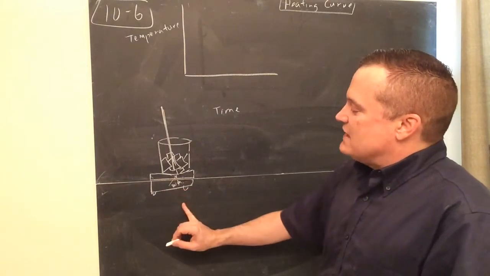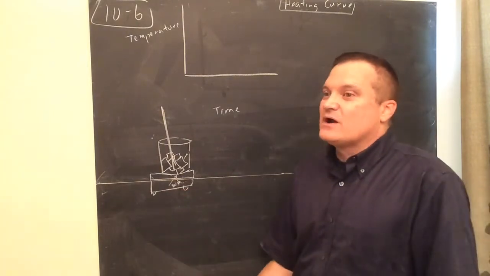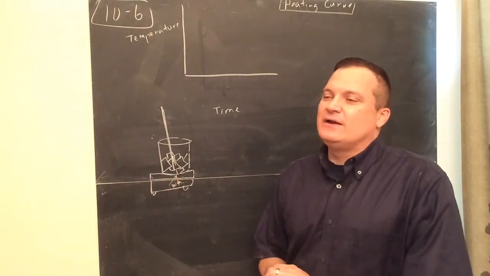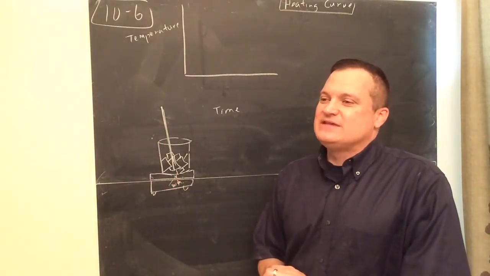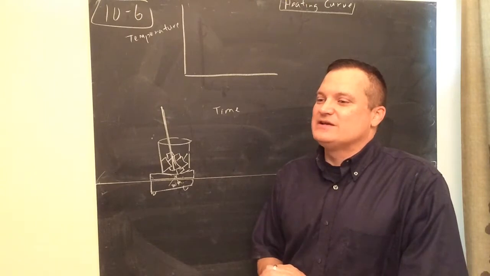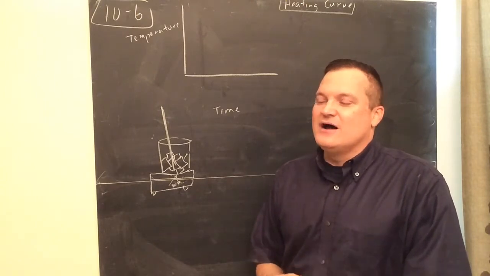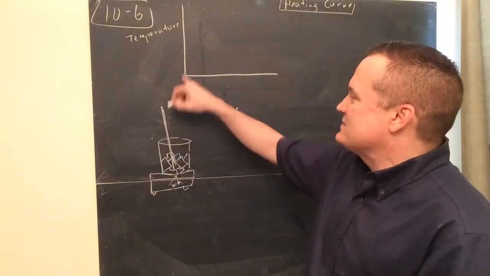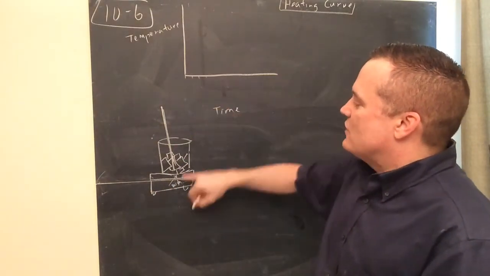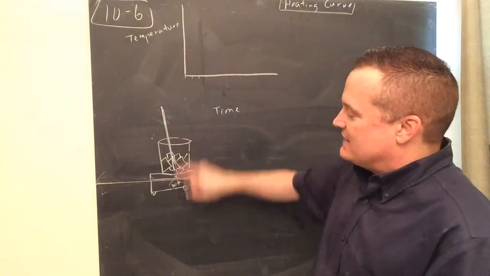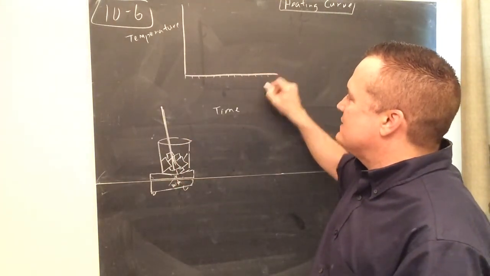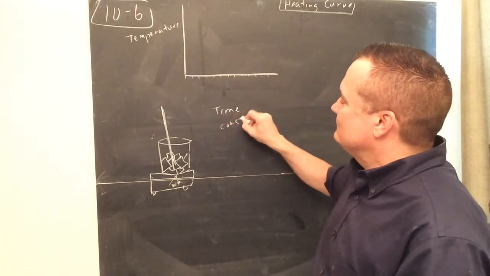So we're going to be adding as much heat as we can to it. Another way it could be written, maybe we could give a number like 100 joules per minute, or 100 joules per second. So every second, 100 joules are being added to this, okay, to try to change it. So you will see time down here with constant heat.